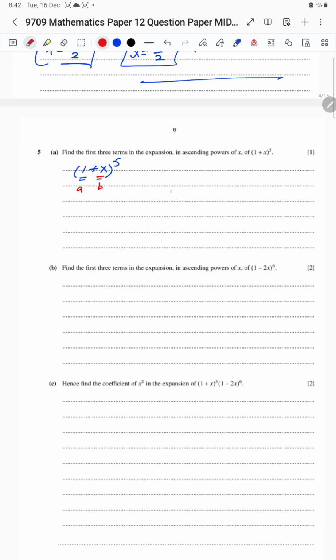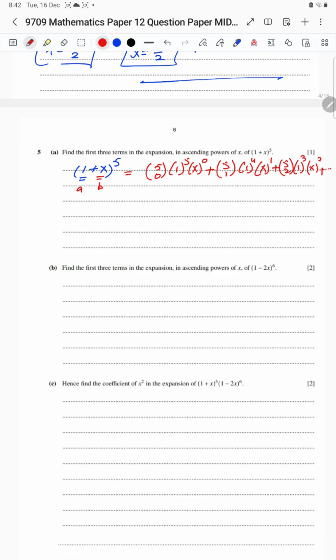In the formula sheet we know this will be nC0, a power 5, b power 0, plus nC1, a power 5 minus 1, b power 1, plus nC2, a power 5 minus 2 and b power 2.